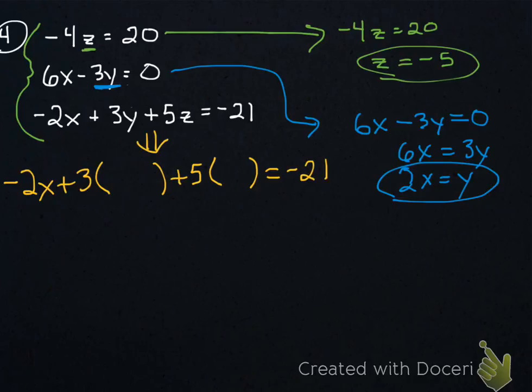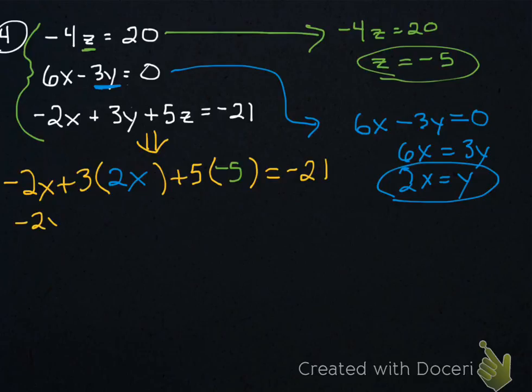Alright? So let's see what we're plugging in. The z value we found, that was negative 5, so make sure we plug that into the right spot. And the y value is 2x. So if I look at this equation, notice the only variable in that equation is now just a plain old x, which is beautiful because now I can solve for that x.